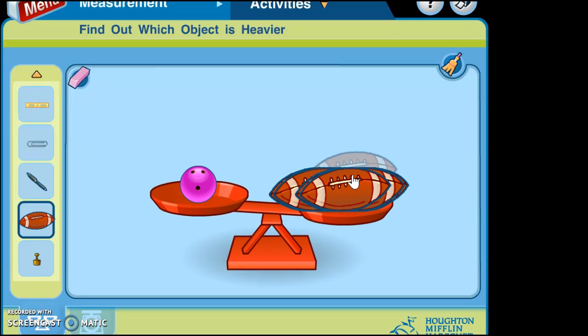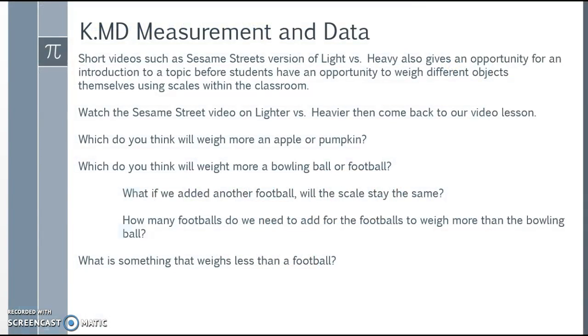I would say anywhere between 14 on would definitely get us past the bowling ball stage. You play around with this a little bit. What is something that might weigh less than a football? And there are umpteen questions that you could come with a scale and bring to class for students to try.